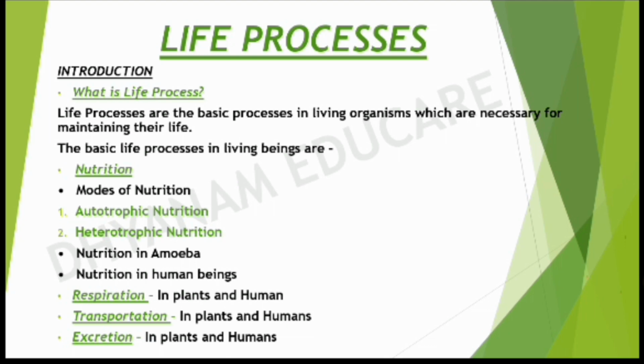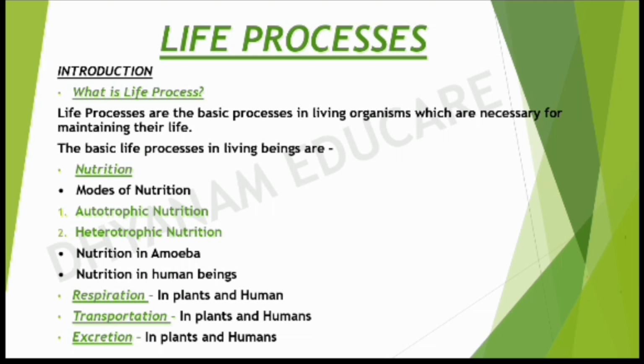Today I am going to start with the biology chapter, chapter number 6, Life Processes. Topics to be covered in this lesson are the introduction, what is a life process, and the life processes in living beings, that is nutrition, respiration, transportation, excretion, etc. In nutrition, we are going to learn about two main modes of nutrition, autotrophic nutrition and heterotrophic nutrition.